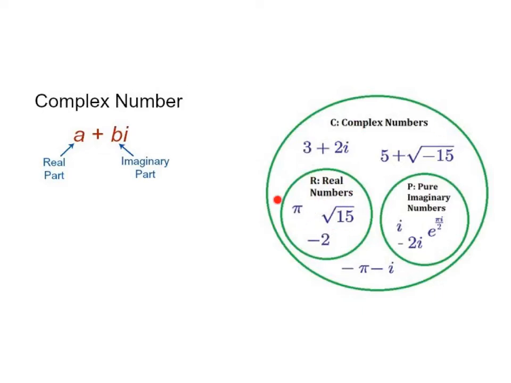Notice this circle is still within the bigger circle of complex numbers. And then here we have imaginary numbers. An imaginary number, or a pure imaginary number, is a term that has i. Notice that it only has that i term. These imaginary numbers still fall within the category of being a complex number, but we can be even more specific and also call them an imaginary number.